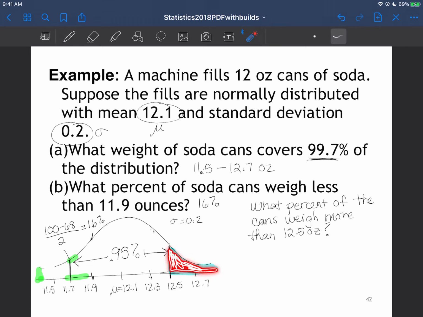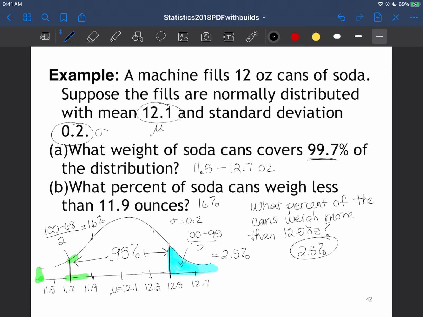So this tail and this tail must have the same percent. And they must add up to 100 minus 95 in this case, so 5%. Now, since they're equal and they add up to 5, then I'm going to take 100 minus 95 and divide by 2. That gives me 2.5%. So 2.5% of the cans weigh more than 12.5.